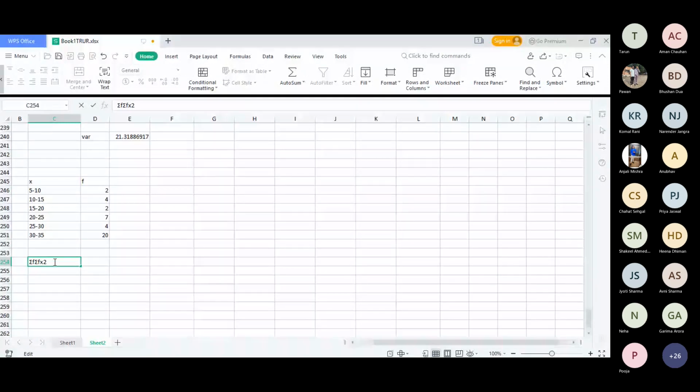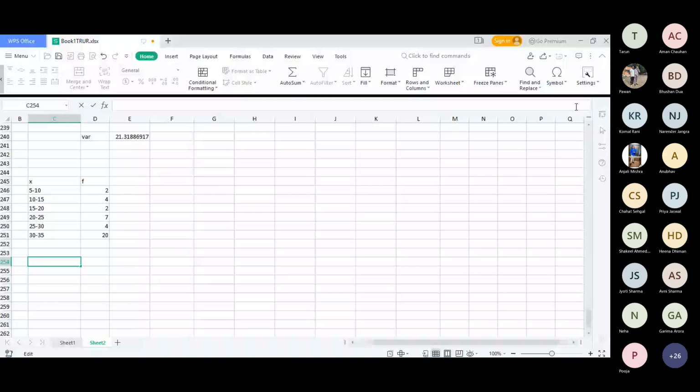It will be summation of fx square divided by summation of f, minus summation of fx divided by summation of f, whole square, and all under the root. So that becomes the formula for the mean.